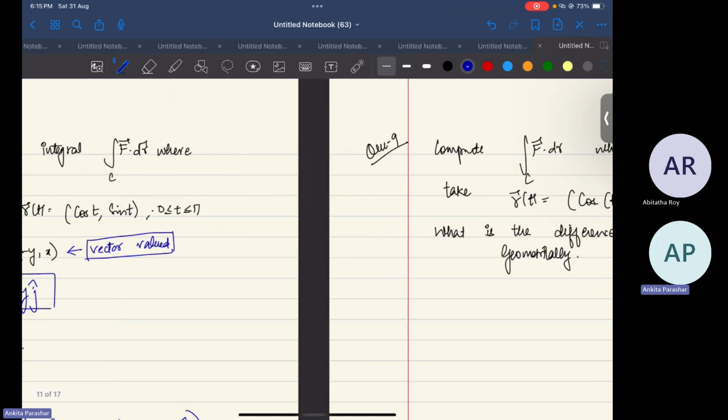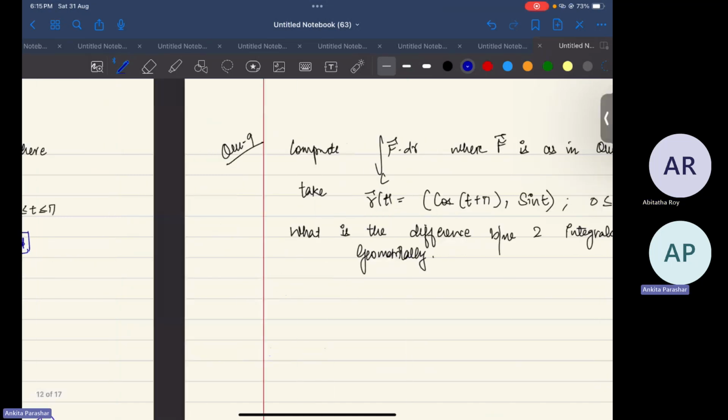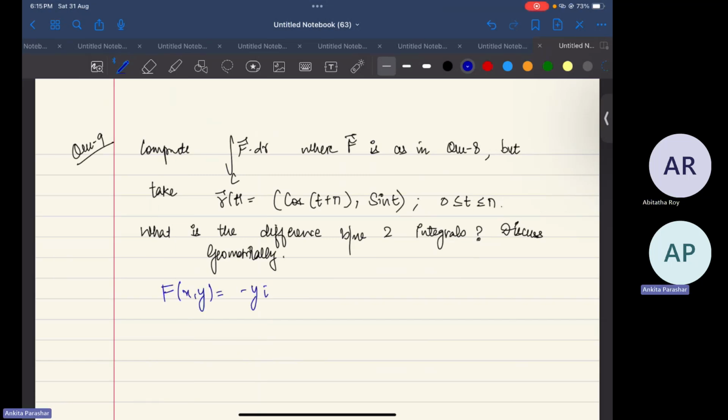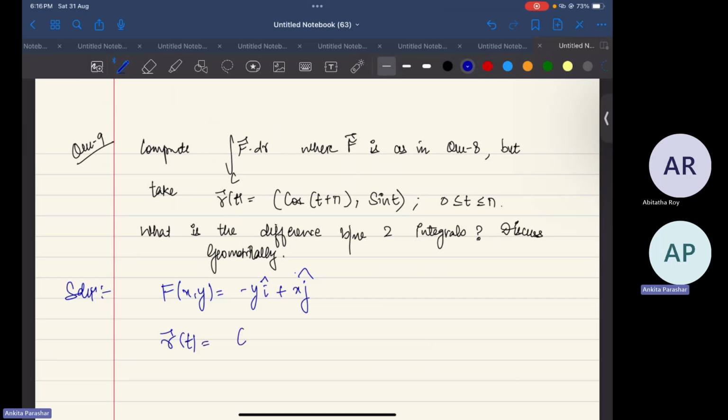So f is the same, f we had is minus y comma x. So f of x, y is minus y i cap plus x j cap. And we have r here in this case as cos t plus pi i cap plus sin t j cap.